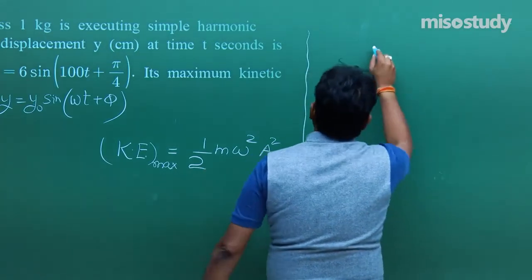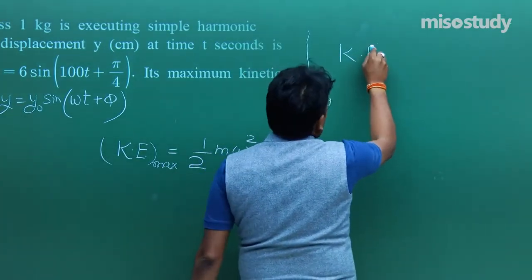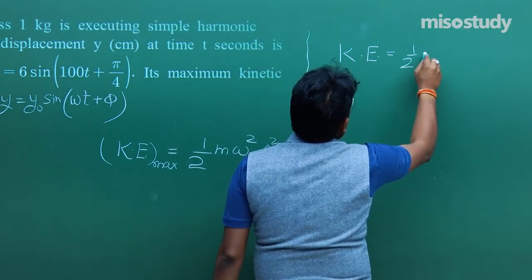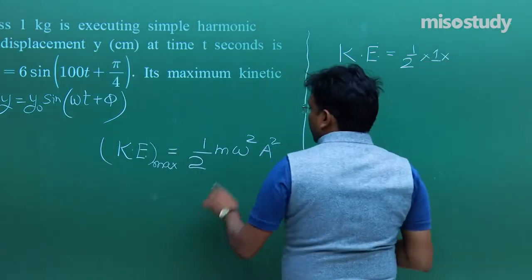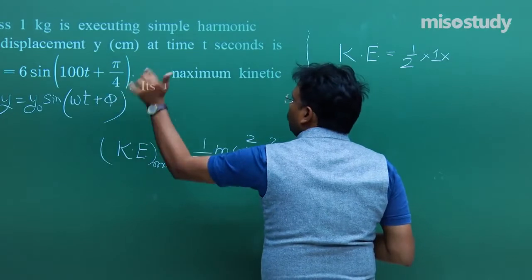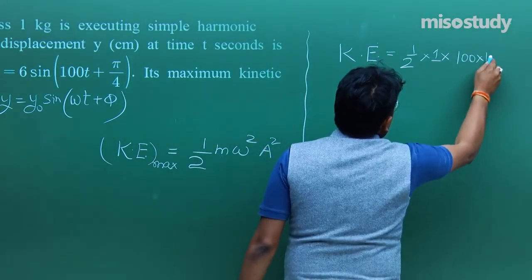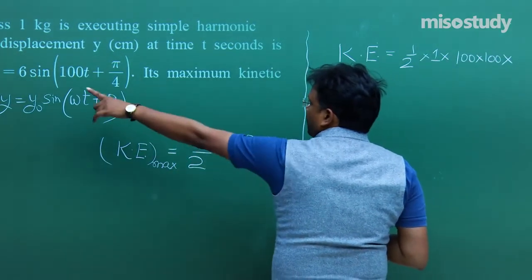So, let us put the values. I hope that is quite a simple aspect, fine, but just for the sake of mentioning it, half, m is 1, so 1 into 1 into omega square. So, 100 into 100, okay. So, 100 into 100 into a square, which is 6.